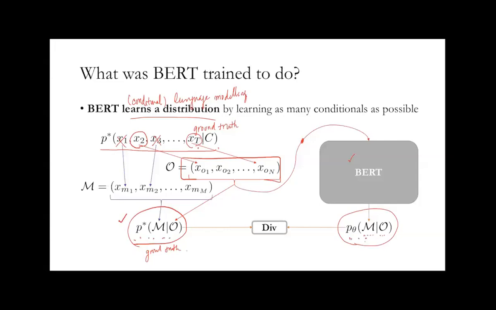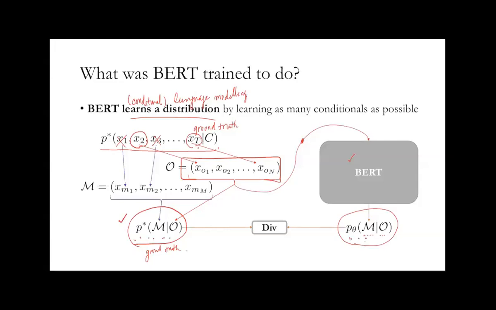So BERT looks at a sentence that is corrupted. When we say corrupted, we mean that some of the words in this sentence are randomly masked out.